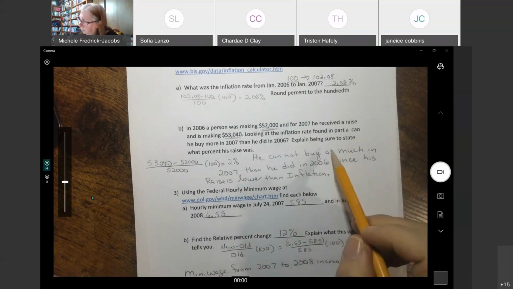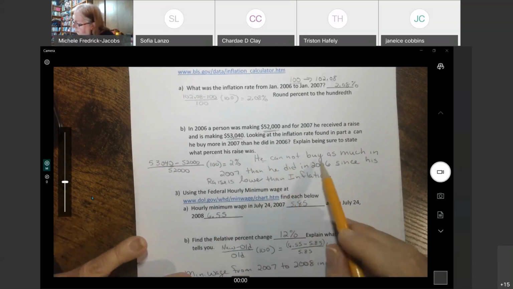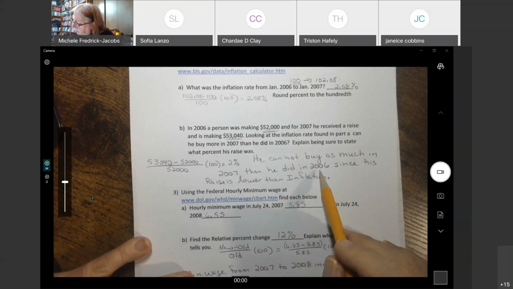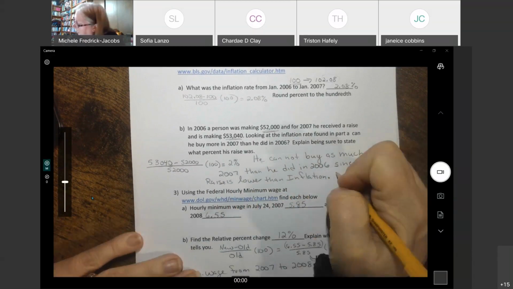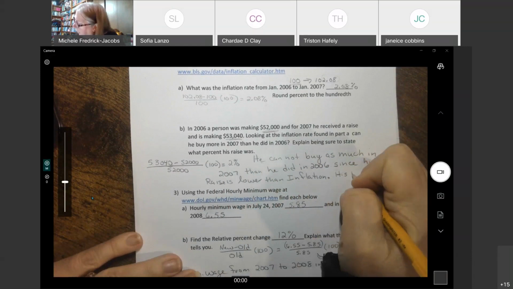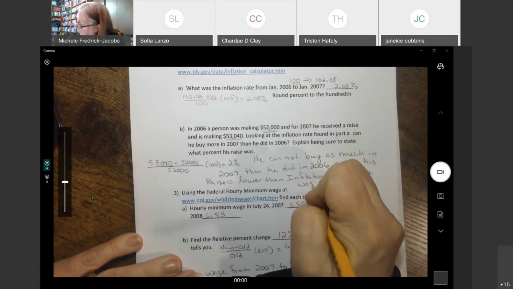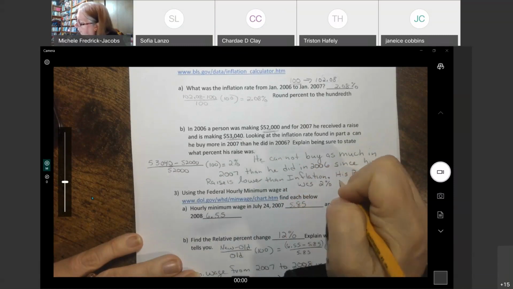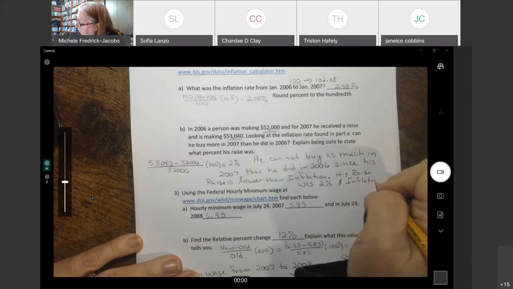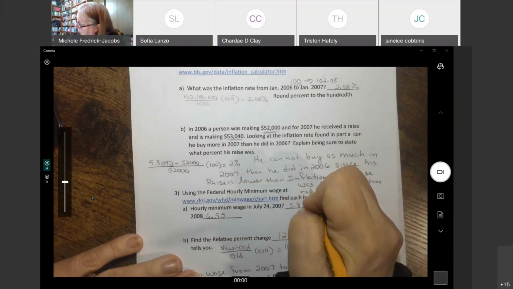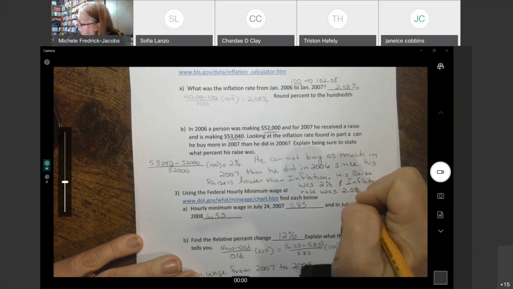I think you had to state the percent raise, so I don't think I did. Since his raise is lower than the inflation rate, his raise was 2% and the inflation rate was 2.08.